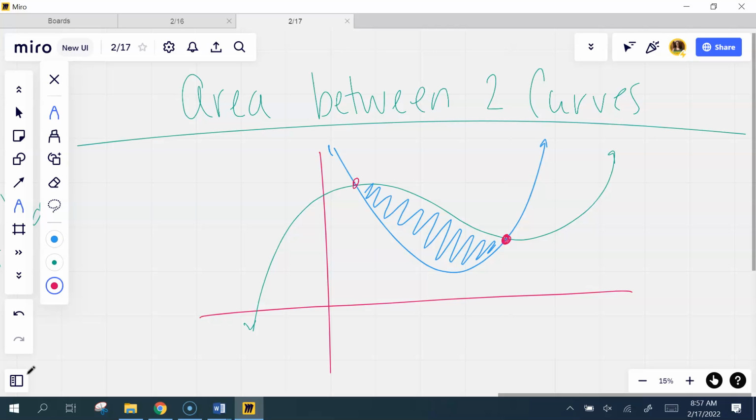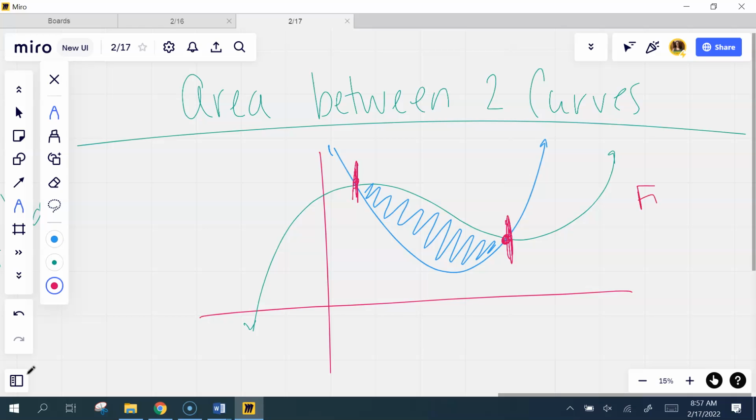Here's what we're going to have to do. There are going to be several things that we're going to have to do as we go through this. One, to find this area that's in blue, we'll have to know what these points are, right? Because we'll have to know where to bound it. So that's going to be one thing we're going to have to find. Now, how do I find where two graphs intersect? You set the equations equal.